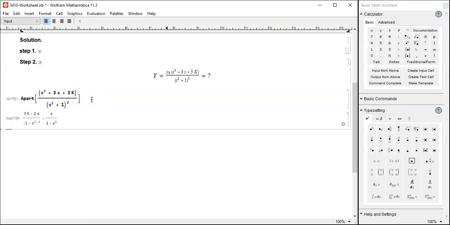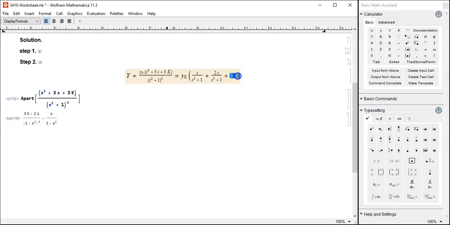Let's see. Does it look better? Well, to a certain degree it looks better, so okay, let's work it out. So this is y naught times s over s squared plus 1 plus 2s over (s squared plus 1) squared plus 3k over s squared plus 1.